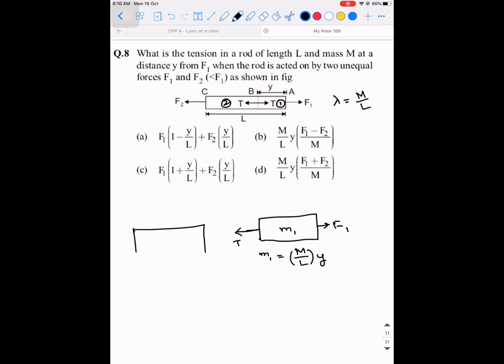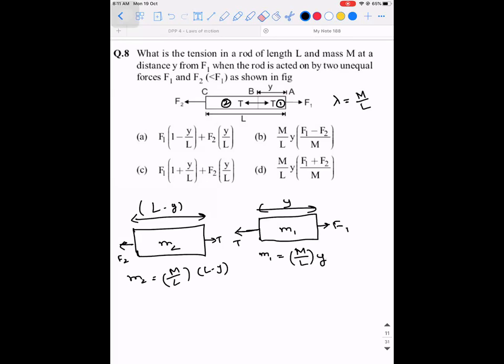Similarly, if I take the second block, tension F2, this is M2, then how much is this portion? This is L minus Y, since this portion's length was Y. So what will be the mass of the second portion? Capital M by L into L minus Y. Correct?